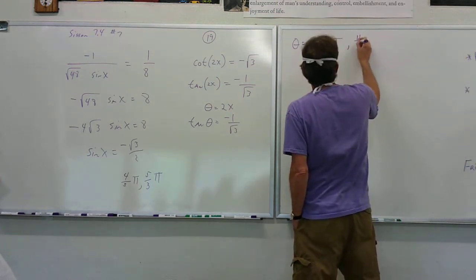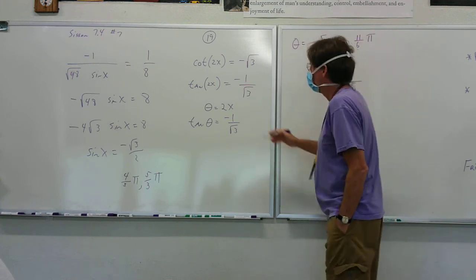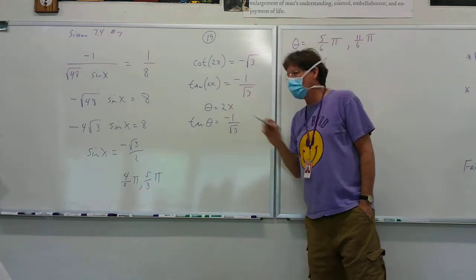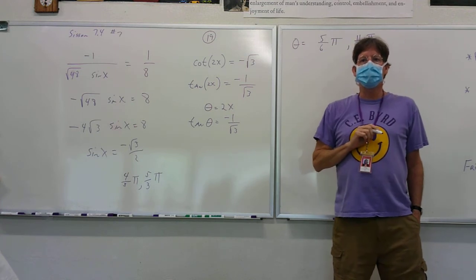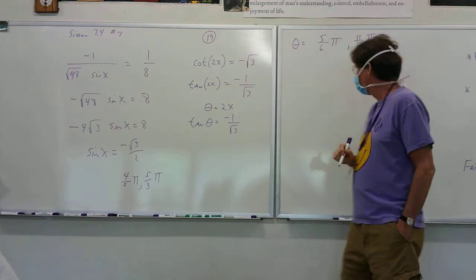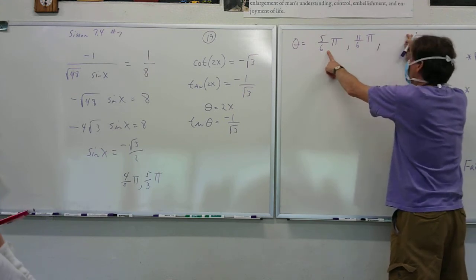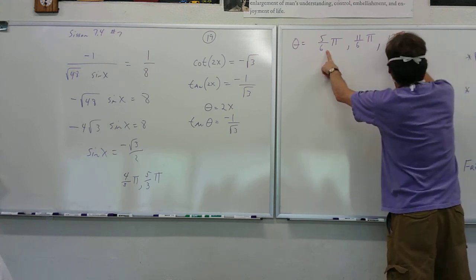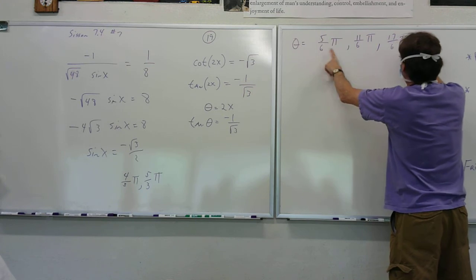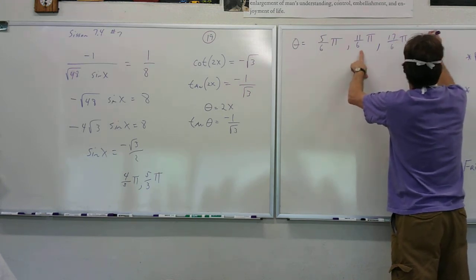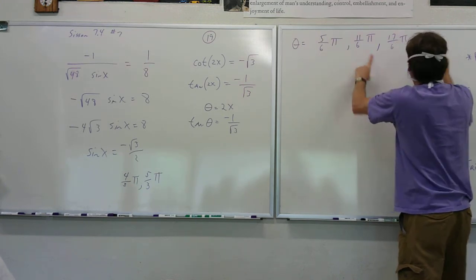But I also know that since there is a 2 there, I have to go around the circle how many times? Twice. So I add 2 pi to that, and that's 17/6 pi. And I add 2 pi to that, which is 23/6 pi.